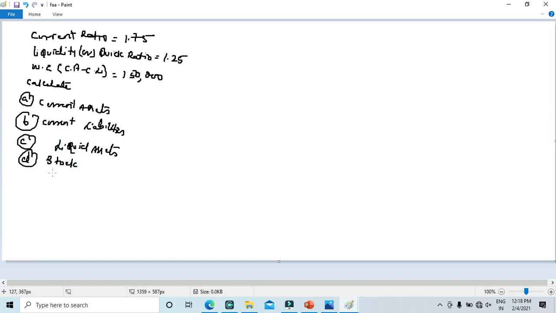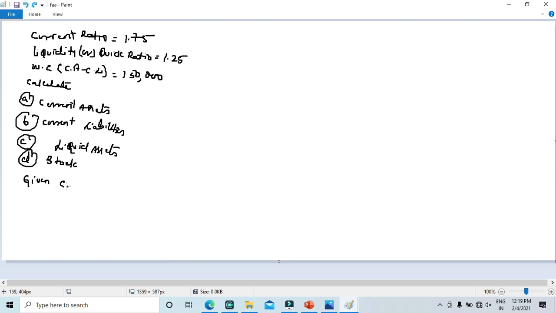So this working capital is 0.75. For 0.75 weight of working capital, it is 1,50,000 of working capital. What will be the remaining? We need to calculate current assets, which are 1.75.